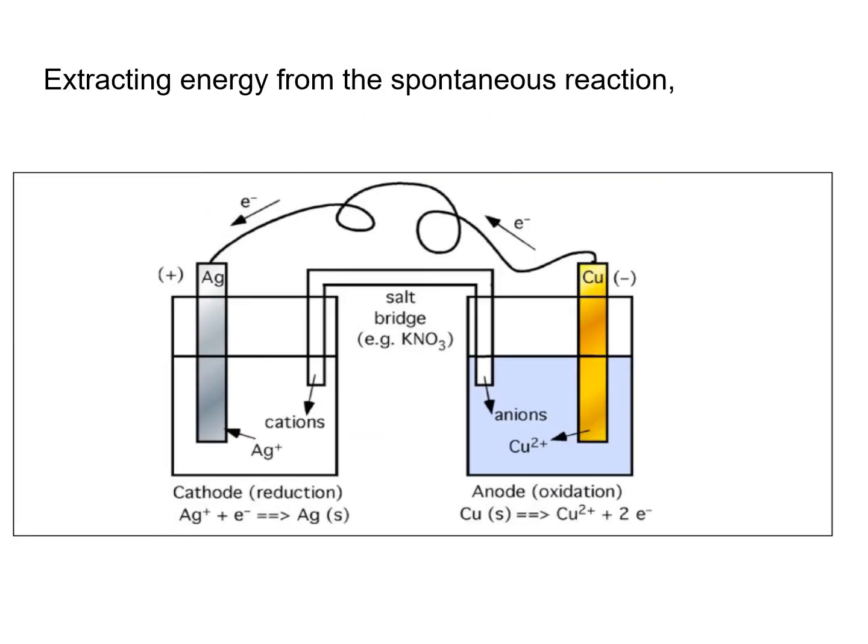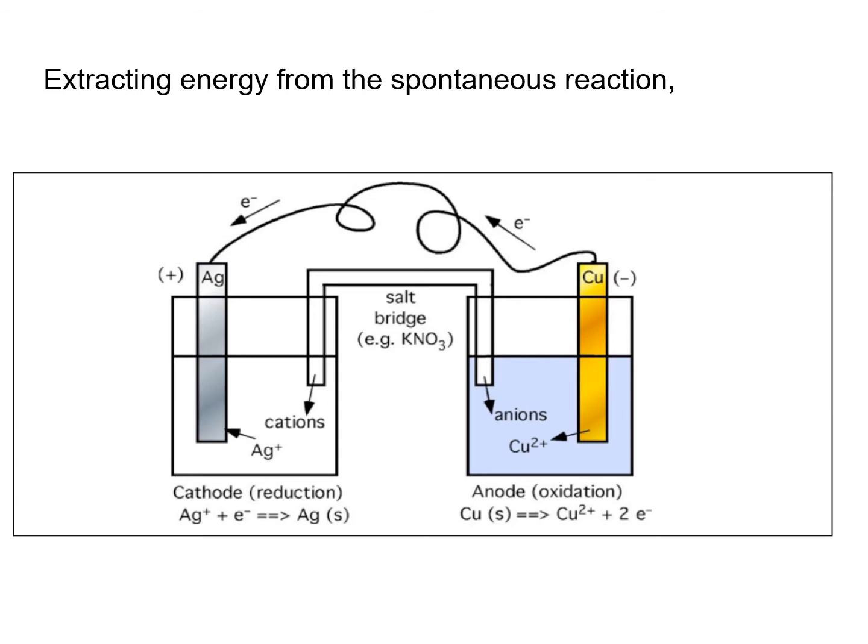Okay, so let's explain further what happens in the assembly. Usually, our anode is represented on the left side, but this diagram is actually reversed. But usually, the anode is on the left. So again, there are two kinds of electrodes.